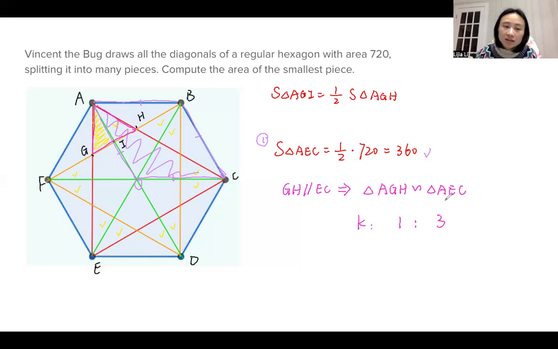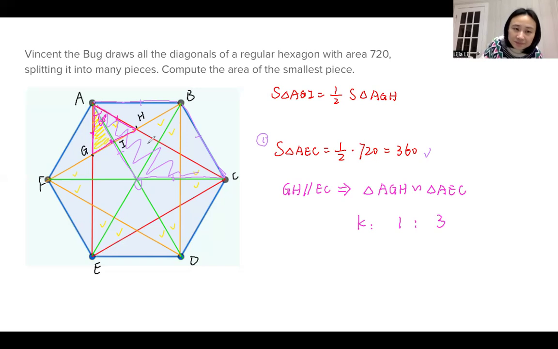How can we know that? We see on triangle AGH, BH, whatever here, and all these tiny 6 triangles, they are congruent. And we know this will be an equilateral triangle because in this big one, all the 3 diagonals are congruent, and the angle GAH will be 60 degrees, which means these 3 sides are congruent.